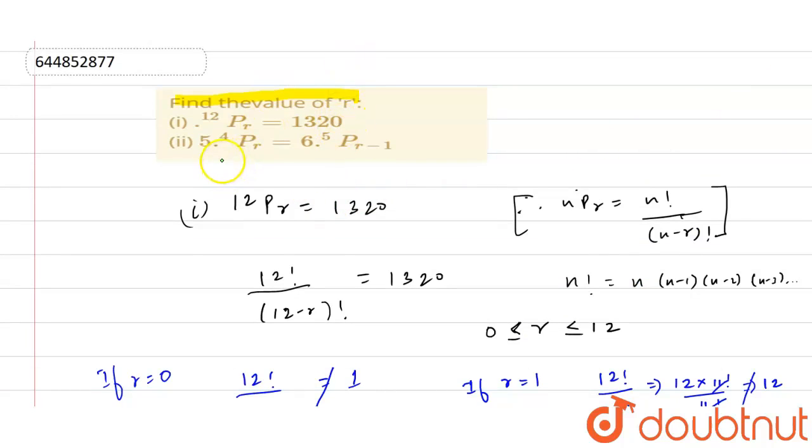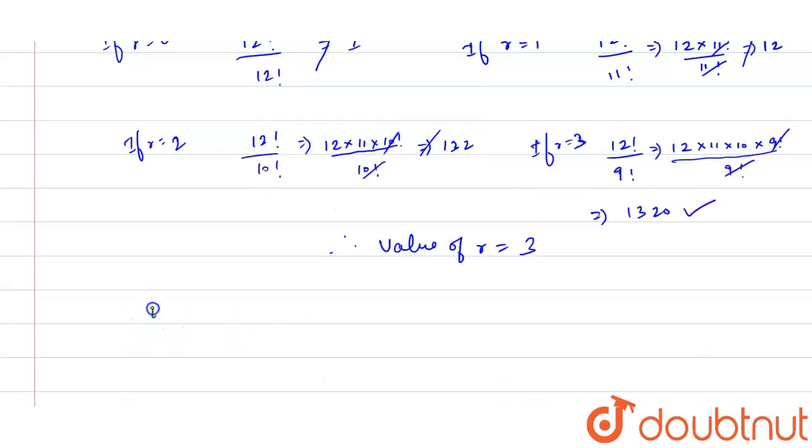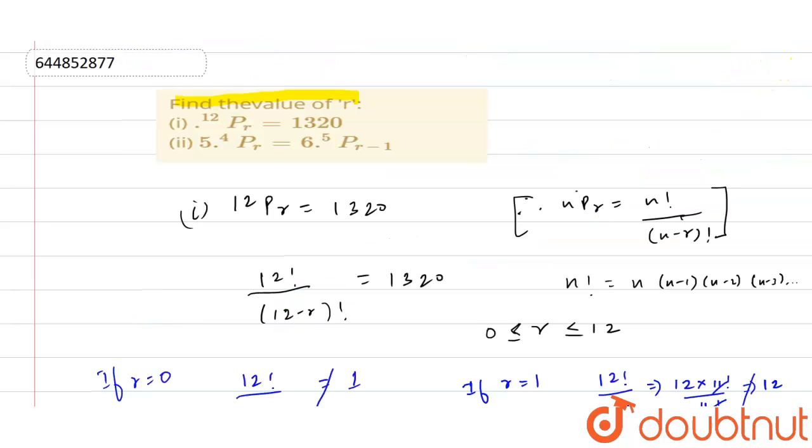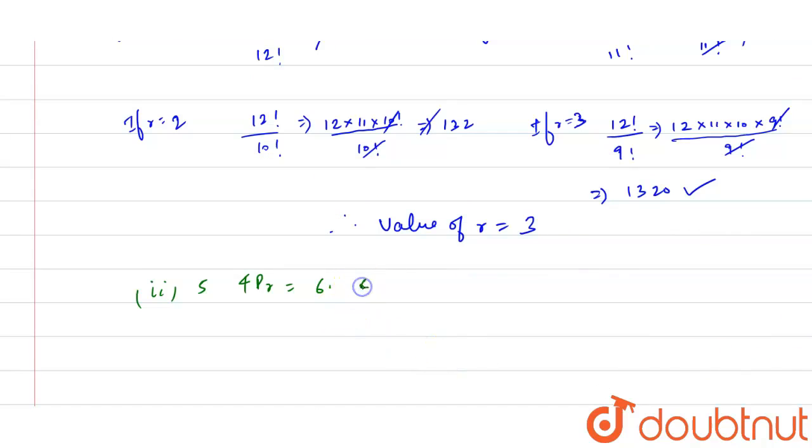Similarly, in the second part, the question given is 5 multiplied by 4PR equals 6 multiplied by 5P(r minus 1). So we can write it as 6 by 5 equals 4PR divided by 5P(r minus 1).